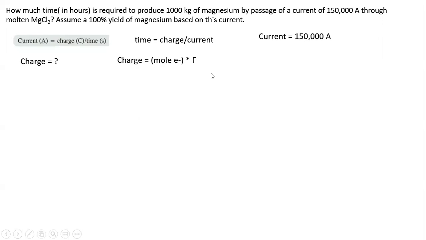To find the moles of electrons, we need to know the moles of substance, because there's a relationship based on the half reaction between the moles of electrons and the moles of substance used or produced. We get the moles of the substance from its mass. If we know how much mass we want to produce, we can calculate the moles of substance, then convert it to moles of electrons, and then ultimately find the charge.